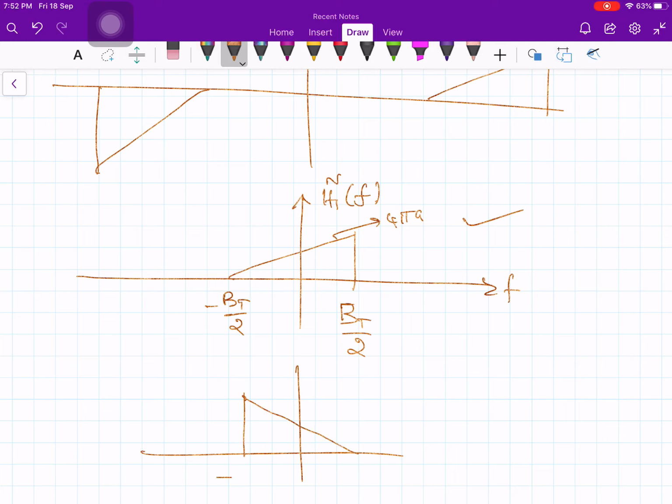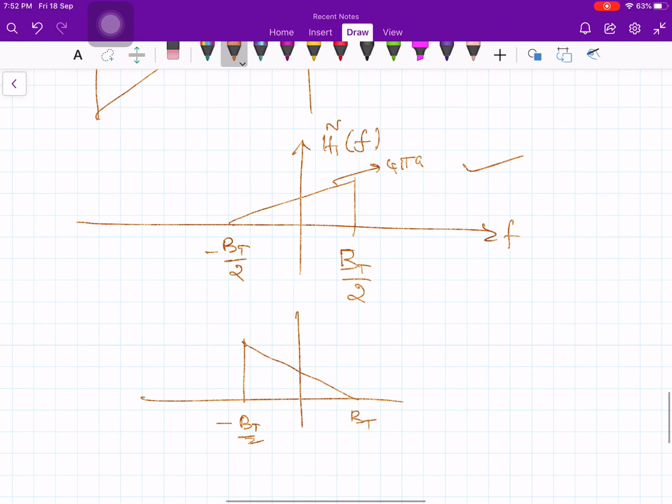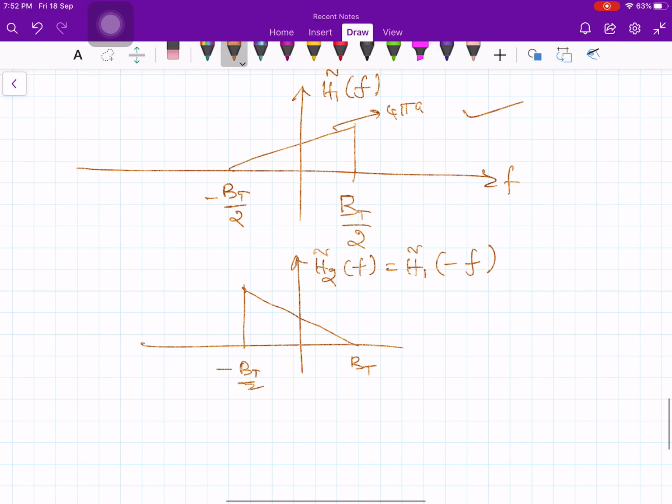So this is minus bt by 2 and this one is bt. So this is, let me say, H2 tilde of f, and this one is H1 tilde of minus f, just a mirror image of the first bandpass filter. Therefore H2 tilde of f is equal to H1 tilde of minus f.